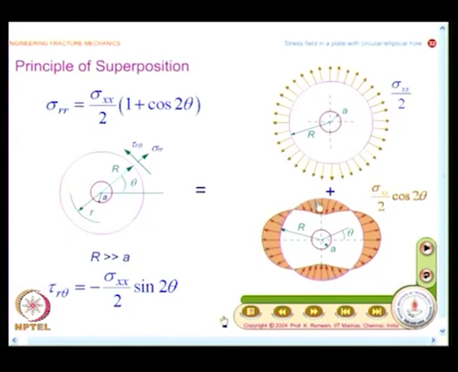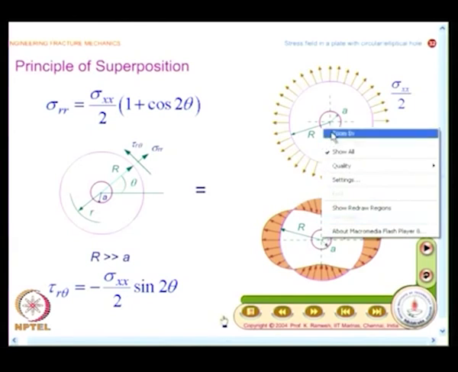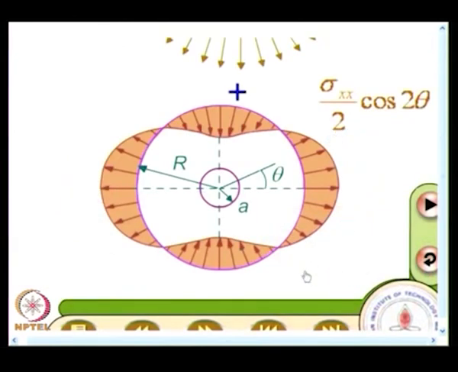After you have drawn this, we will look at how the variation of minus sigma XX by 2 into sin 2 theta appears. Maybe if you want I can make this big. So, this is what you have. You can draw it on the boundary. This denotes positive values, these denote negative values; that is the symbolism used.